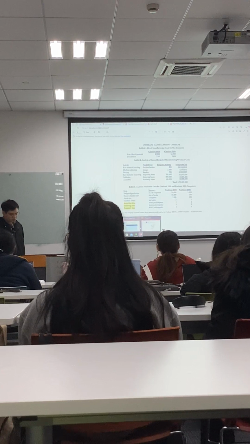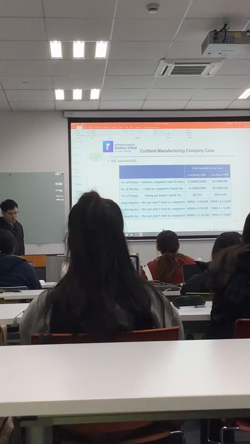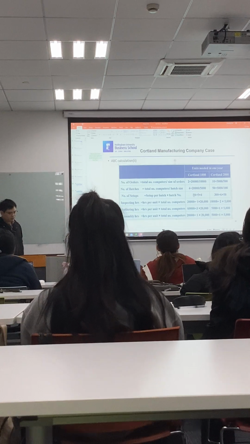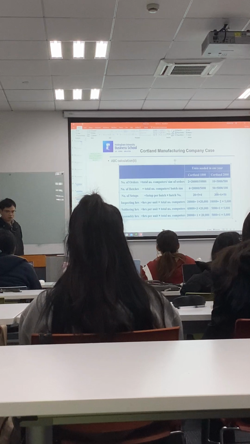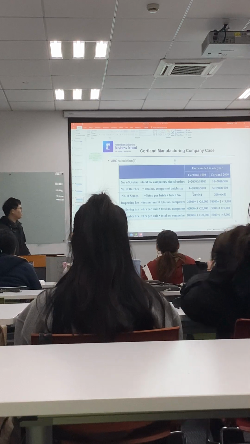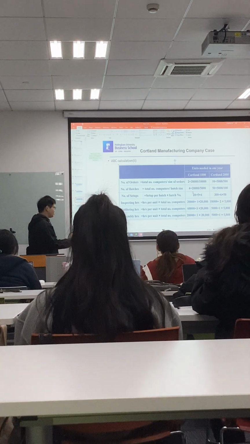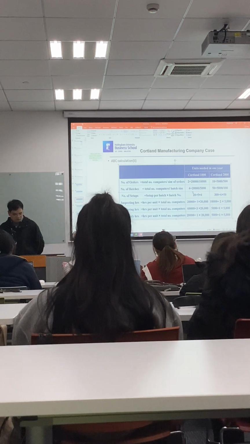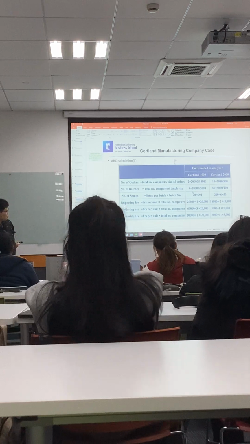So for the first type, the total setup we need is 20. And for the second is 300. Okay, so these are the calculations of how many orders, how many benches, how many setups we use for these 2 types of products. And next is the machine hours.